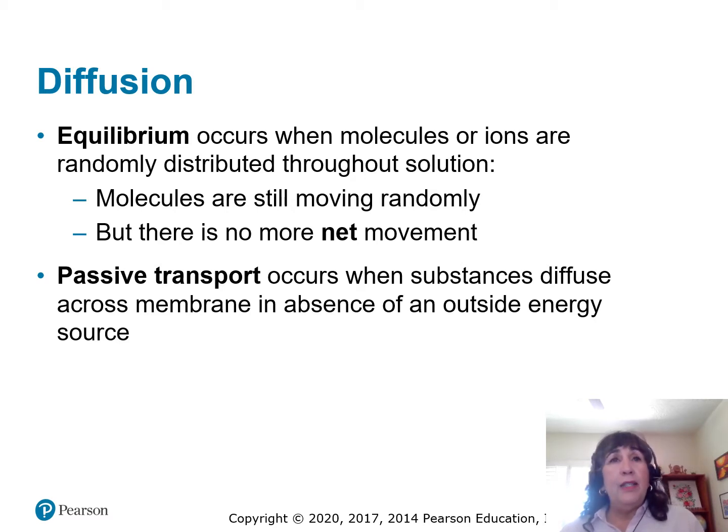This takes no energy, it just moves across randomly because of the thermal energy that molecules have. This is called passive transport. What is passive transport? Passive transport occurs when substances diffuse across a membrane in the absence of any outside energy source. So there is no additional energy source, just the thermal energy from each of the atoms or molecules.